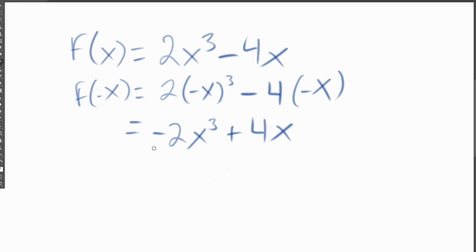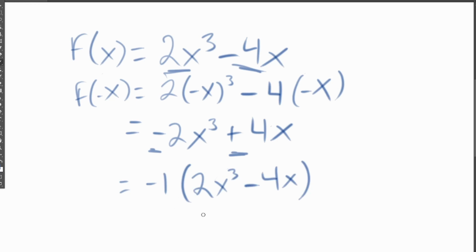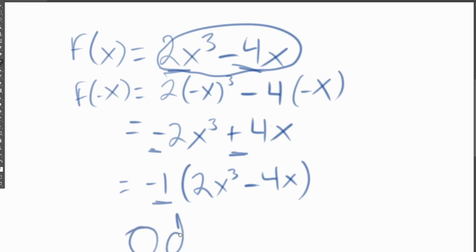Now as you can see, the signs on both of these terms have now changed, which means if we factor out a negative 1, then now we have 2x cubed minus 4x. So we have the negative version of the original function. So this function is going to be odd.